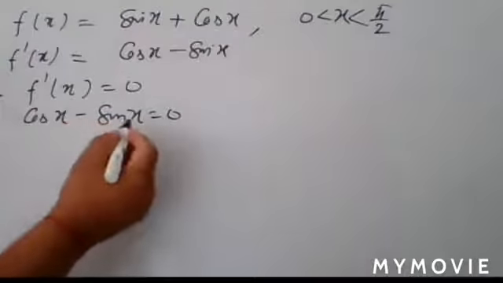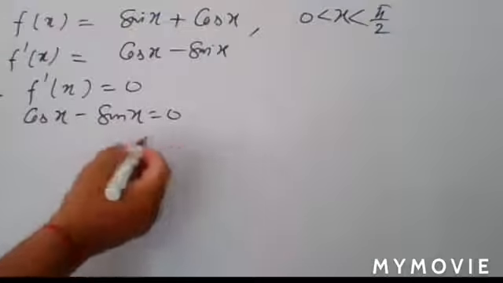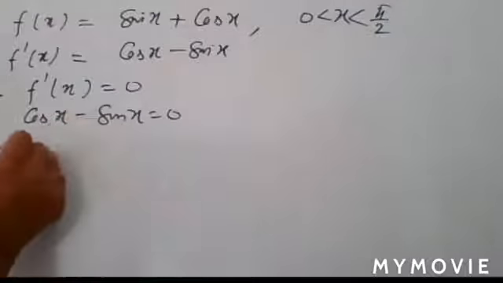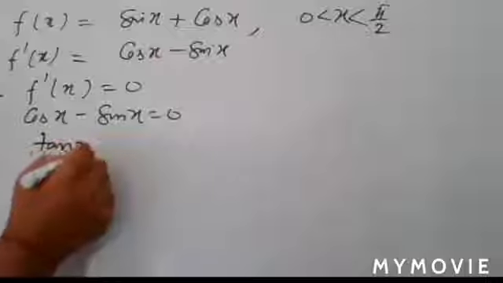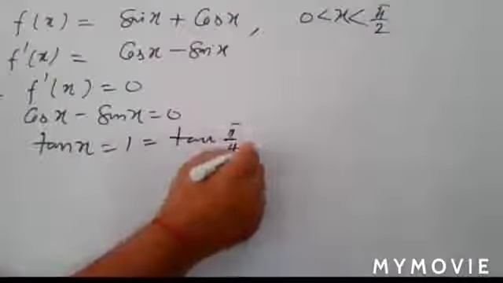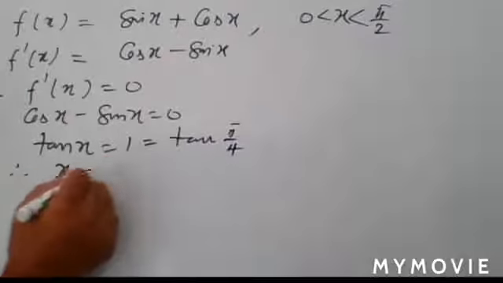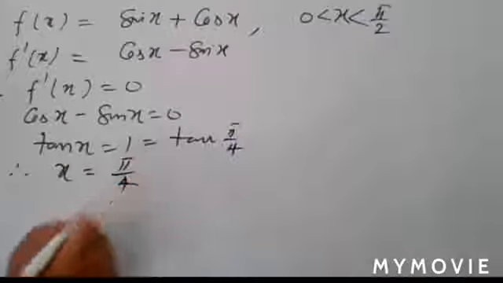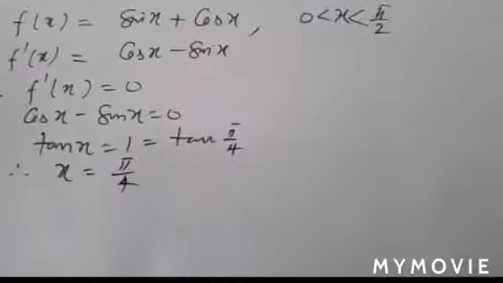Transferring this to the right side and dividing by cos, you have tan x is equal to 1, which gives pi by 4. So here you have one value, x is equal to pi by 4, that belongs to 0 to pi by 2.